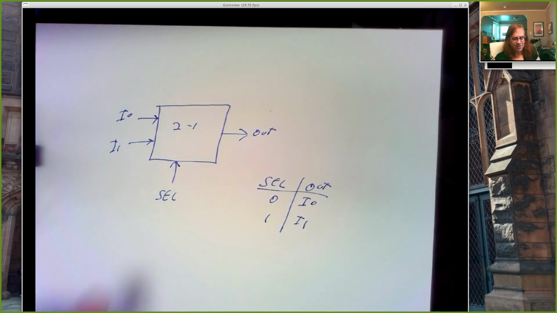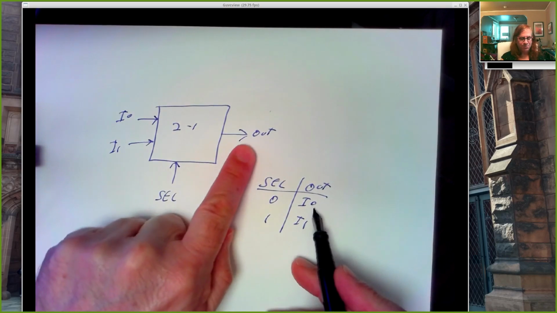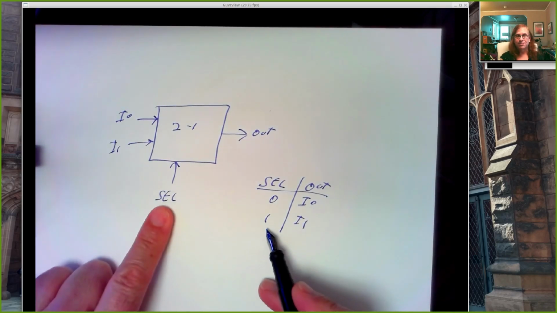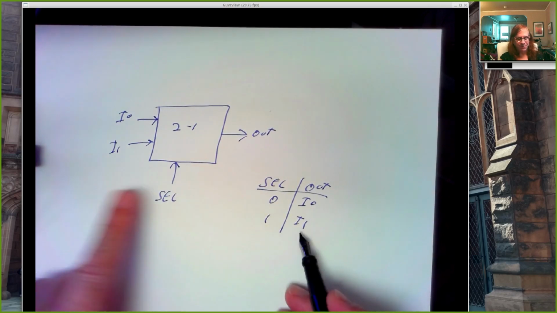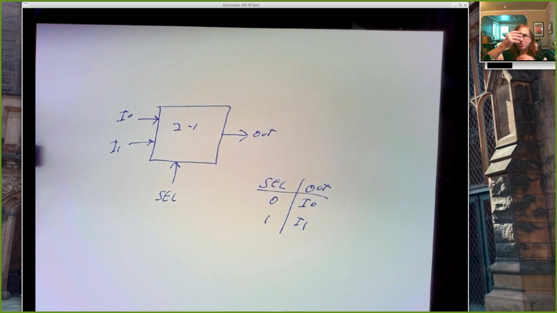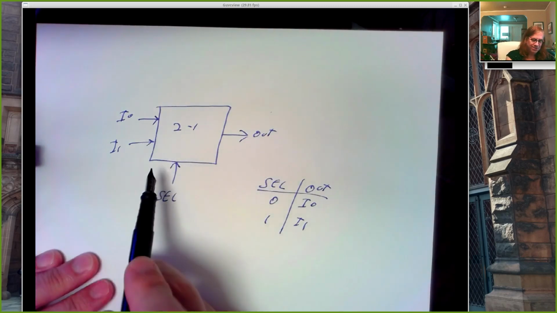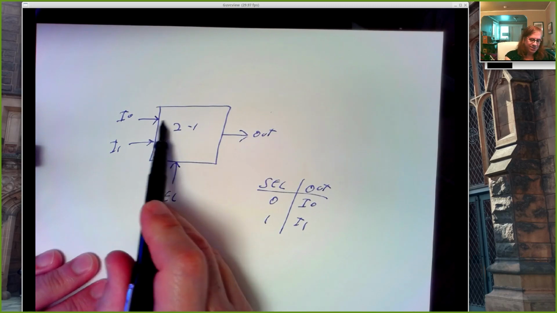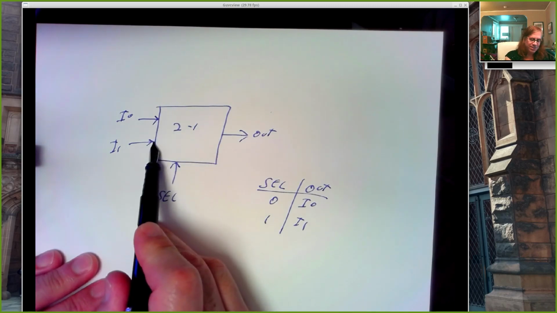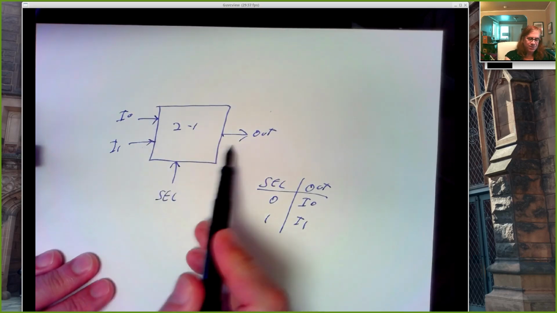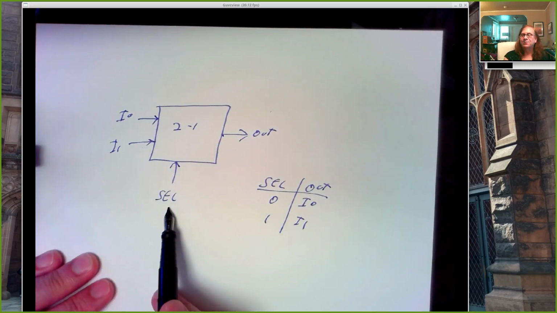If our select input is a 0, we want our output to be whatever's coming in on I0. If our select input is 1, we want the output to be whatever's coming in on I1. So this is a 2 to 1 selection circuit that at runtime connects either this input to the output or that input to the output, and we can change which is connected by just changing the value of this 1-bit input.